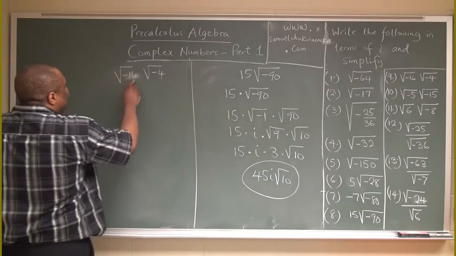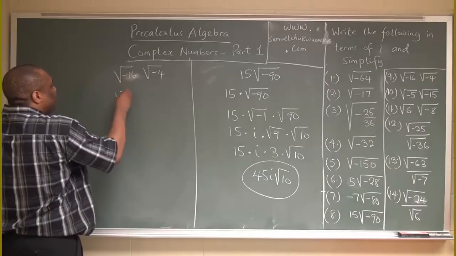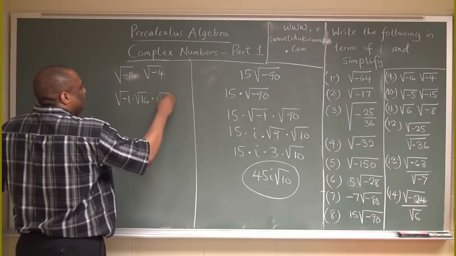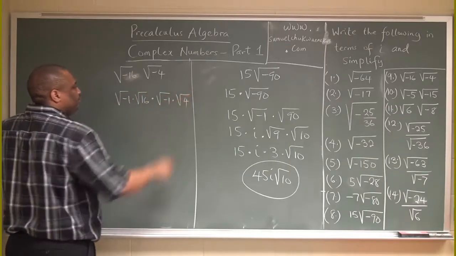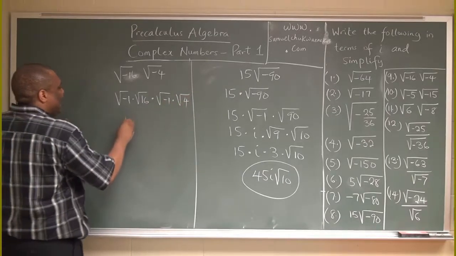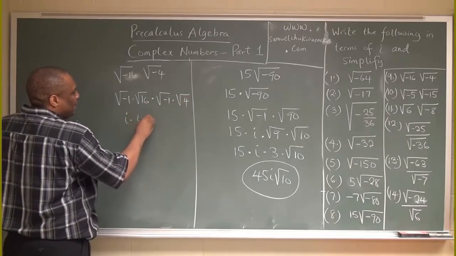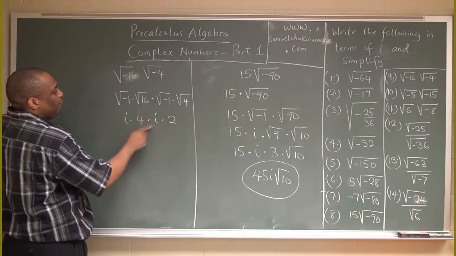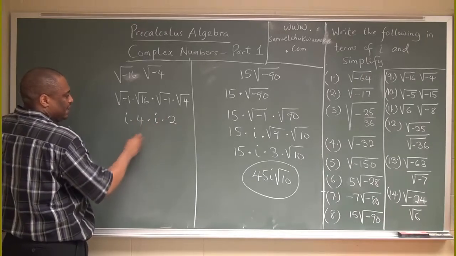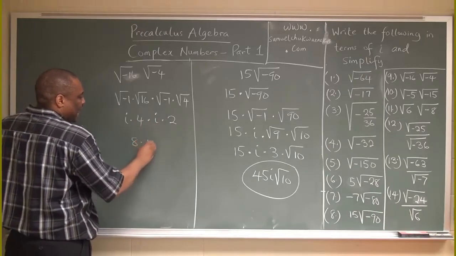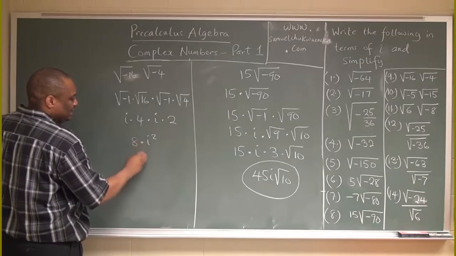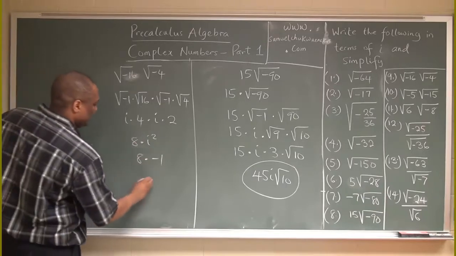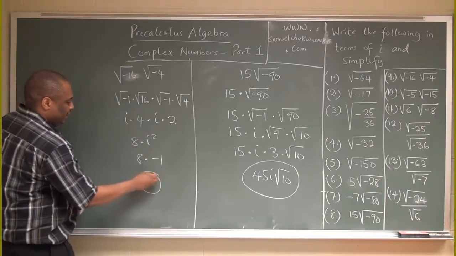So this square root of negative 16 means square root of negative 1 times square root of 16, times square root of negative 1 times square root of 4. So this means i times 4 times i times 2. Let's deal with the integers first. 4 times 2 is 8 times i squared, which is 8 times negative 1, because i squared is negative 1, which is negative 8. So the answer is negative 8.